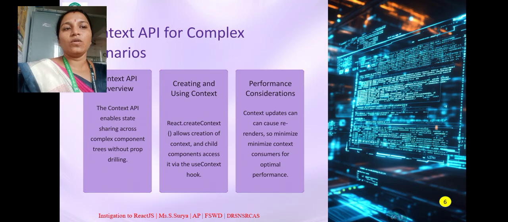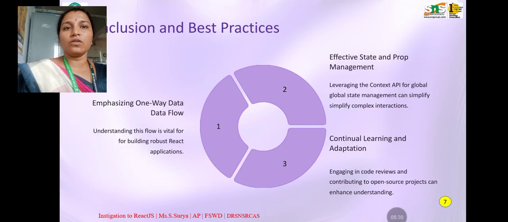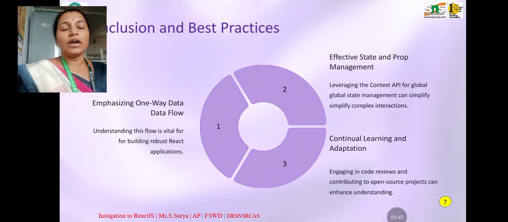Finally, the conclusion with best practices, emphasizing one-way data flow, which makes for a robust React application. For effective state and props management, finalize the Context API with global state management, which simplifies complex interactions. For continual learning and adaptation, engage in code reviews and open source projects to enhance our understanding.